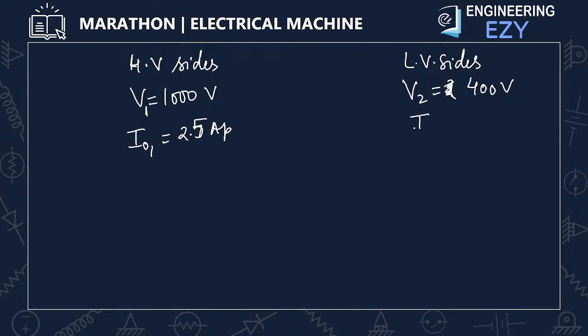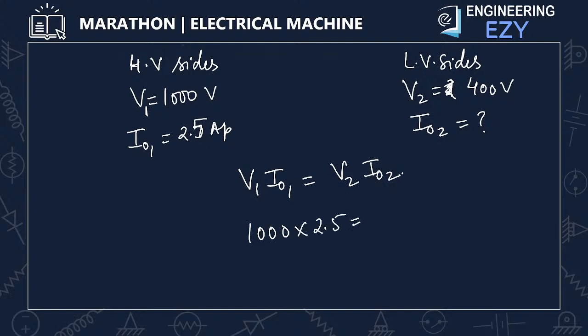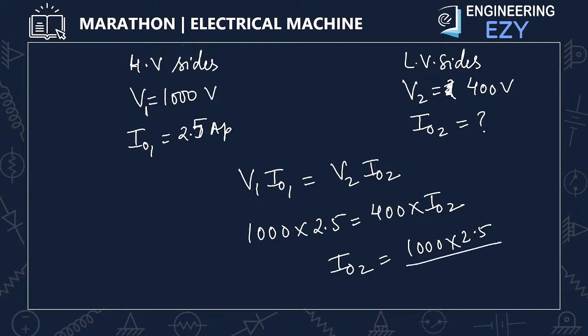So, what is the IO2? IO2 we have to calculate. So V1 IO1 is equal to V2 IO2. So V1 is 1000 into 2.5 is equal to V2, 400 into IO2. So IO2 is 1000 into 2.5 divided by 400.